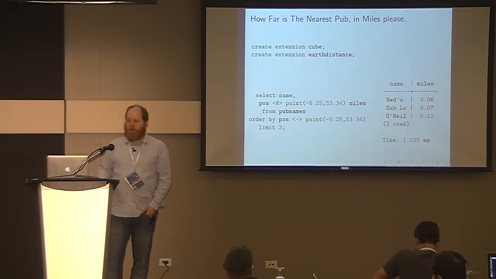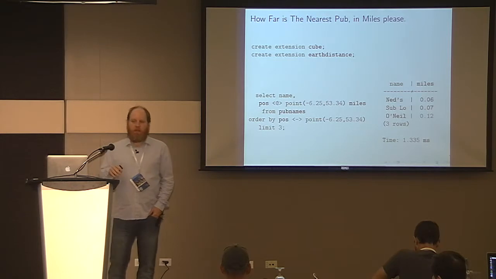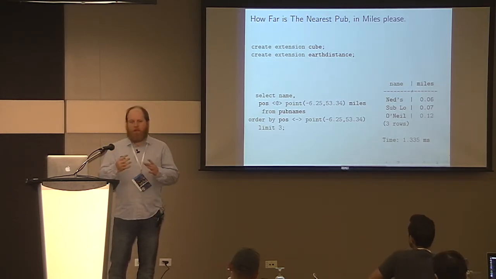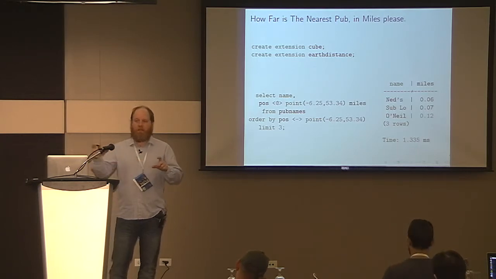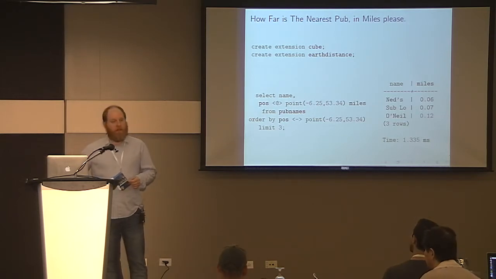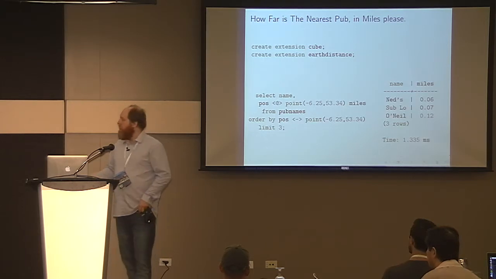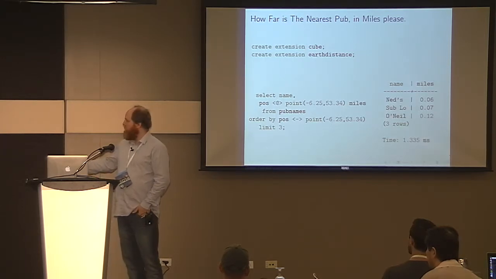The first one is less than, dash, greater than. That's the default distance operator that PostgreSQL uses and knows how to index. But that would give us a vector-based arithmetic distance that has nothing to do with miles on the Earth. So we also use the less than, hat, greater than, that is meant to look like the other, but is different. And then we have the distance in miles.